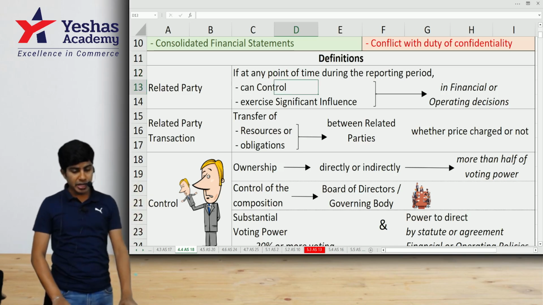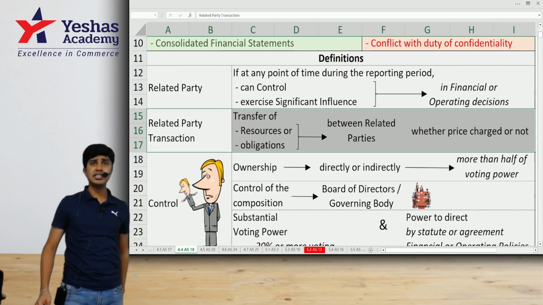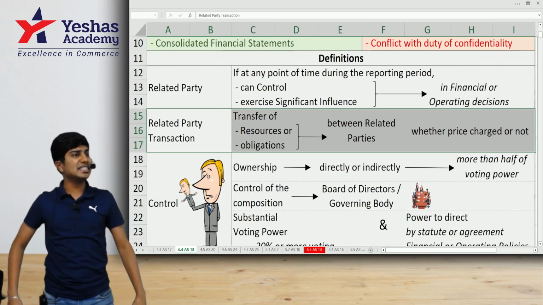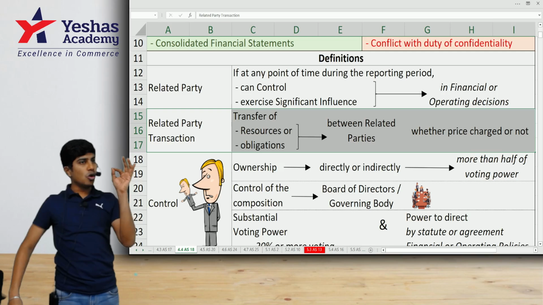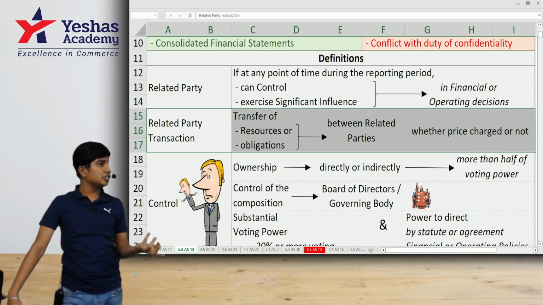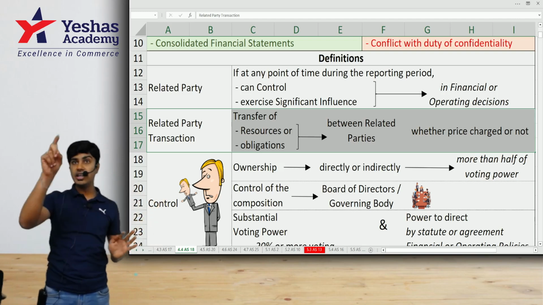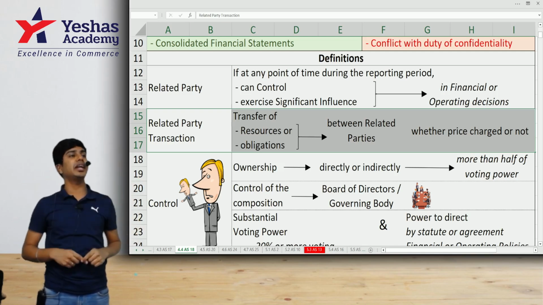What do you mean by related party transactions? Any transaction which involves transfer of resources, that is assets, or transfer of obligations, that is arising of liabilities, between the related parties is always a related party transaction, whether the price is charged or not. Even if one entity gives goods free to another entity, if they are related parties, that is a related party transaction.